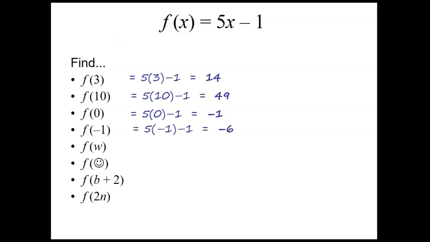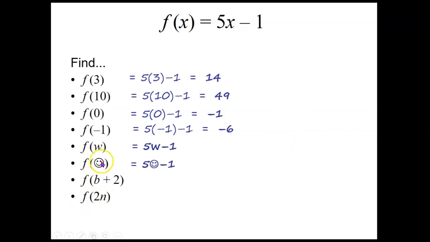That would be 5 times negative 1 minus 1, so negative 5 minus 1 is negative 6. What about f of w? So here we're putting w in place of x, and we get 5 times w minus 1. And that's it. That's just the answer. That's what comes out. f of smiley face would be 5 times smiley face minus 1.